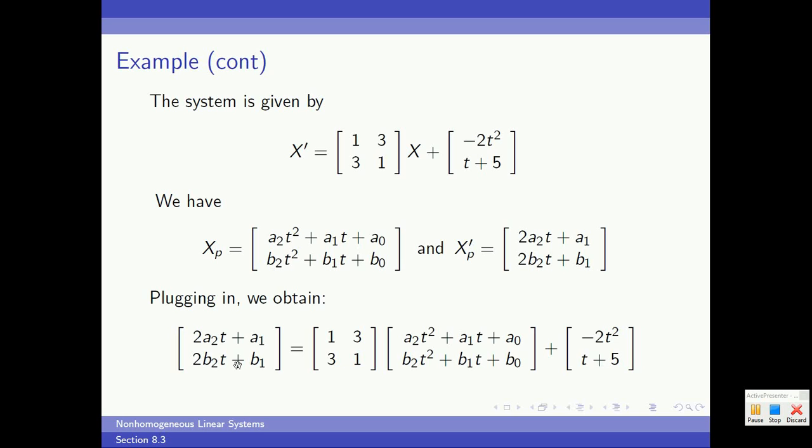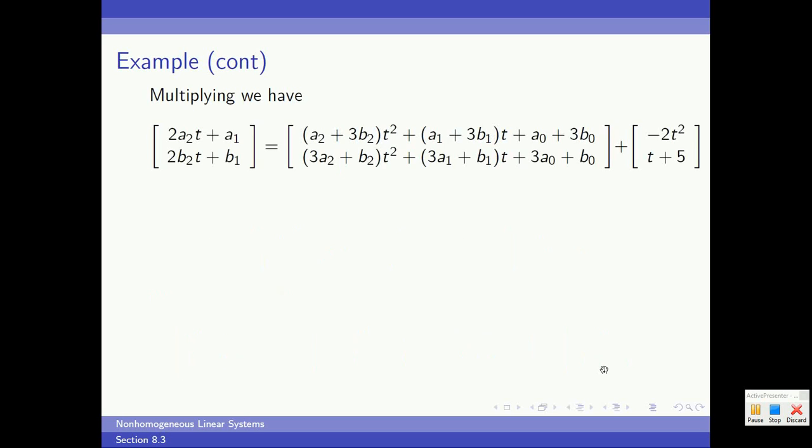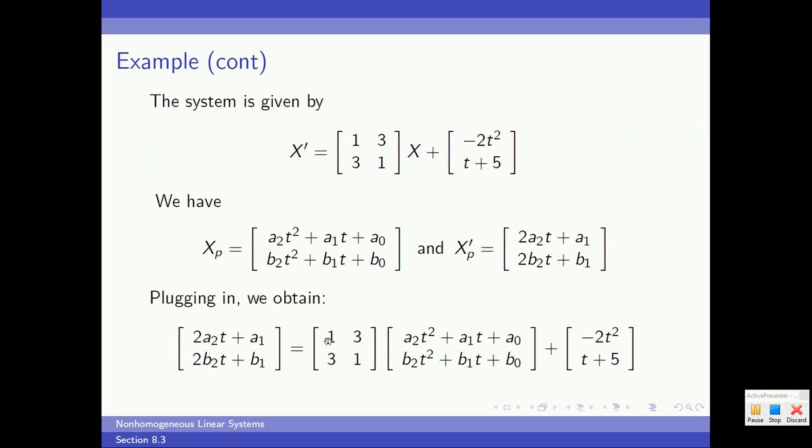So I want my first component of my left-hand side to equal my first component of my right-hand side. My second component of my left-hand side to be equal to my second component of my right-hand side. So we have to do matrix multiplication. So again, doing this row, this is a column vector. So I have 1 times this whole thing plus 3 times the bottom part.